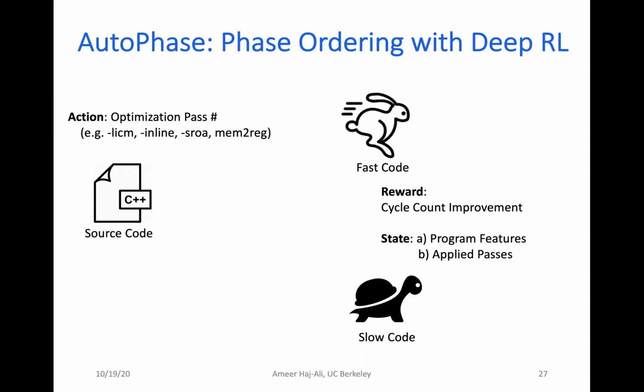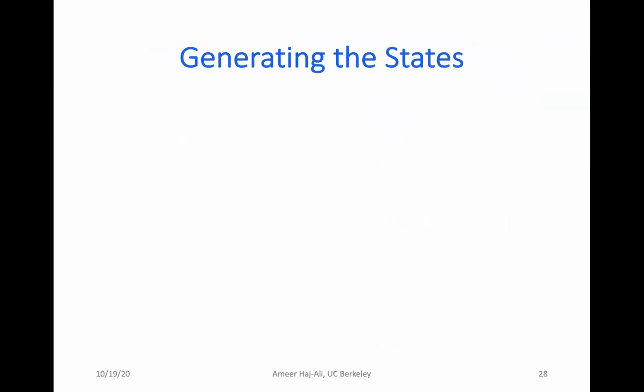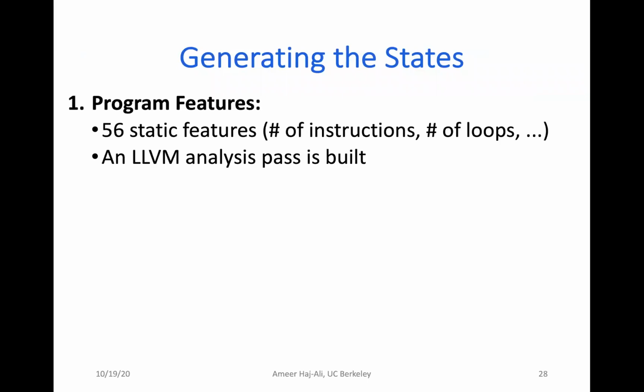history. Just to deep dive into how we generated these states, our first kind of features were basically 56 static features that we got from the programs, like the number of instructions, the number of loops, number of branches, et cetera. We achieved that by adding an LLVM analysis pass that would output these values.